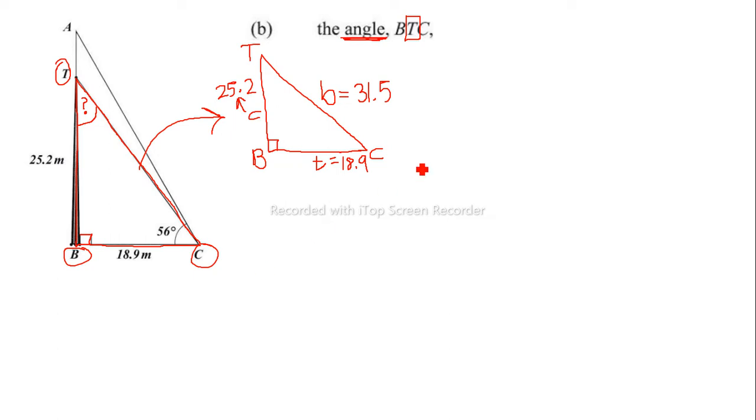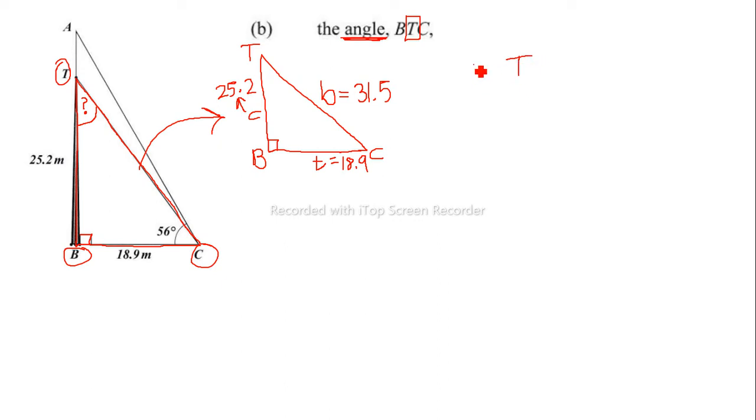What we're trying to figure out is capital T. That's very important. Since we're trying to figure out capital T, we have no choice but to put capital T when we begin our sine rule, because we need it as part of it.